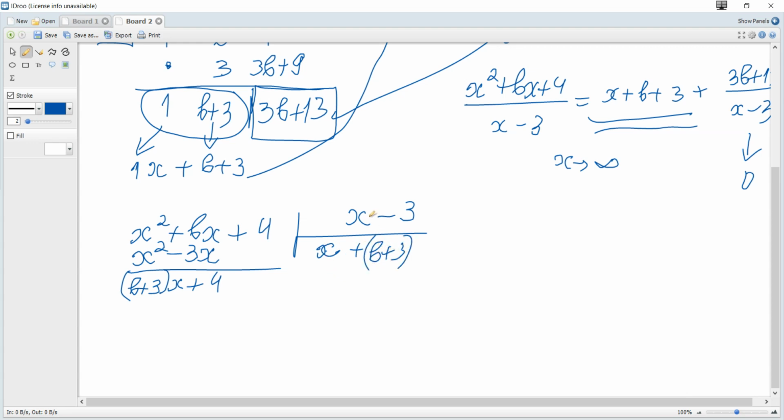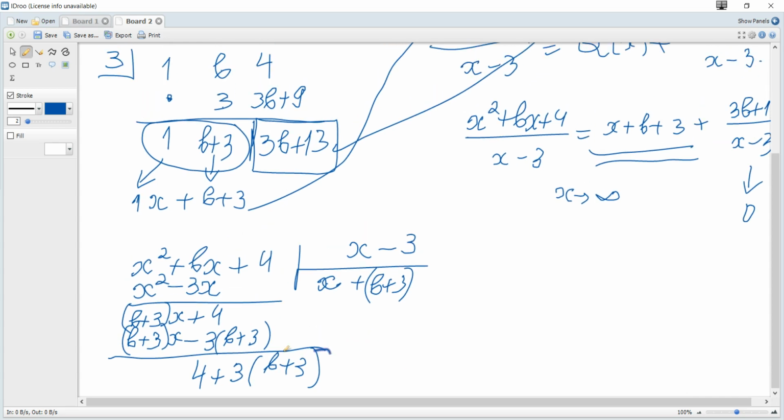So b plus 3 multiplied by x minus 3 becomes b plus 3 x minus 3 b plus 3. And again, this row minus this row, which is equal to 4 plus 3 b plus 3.